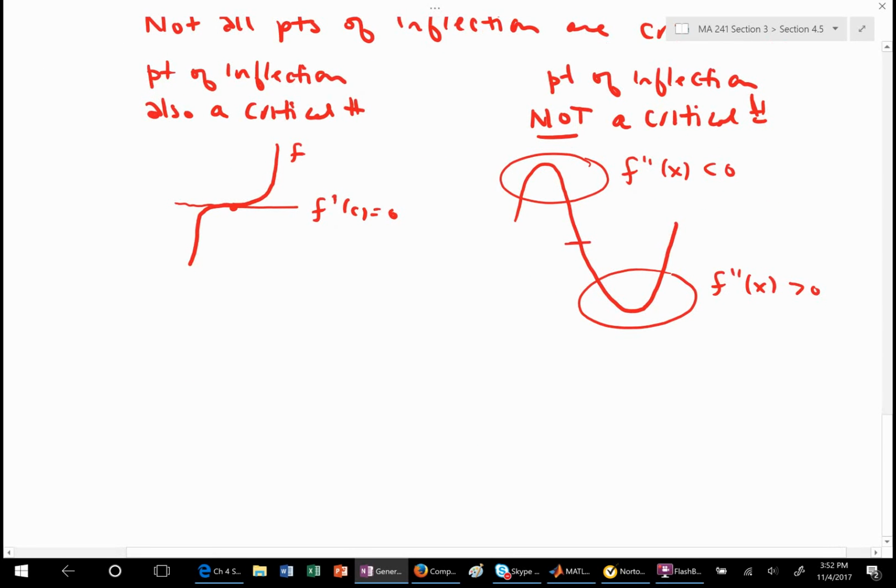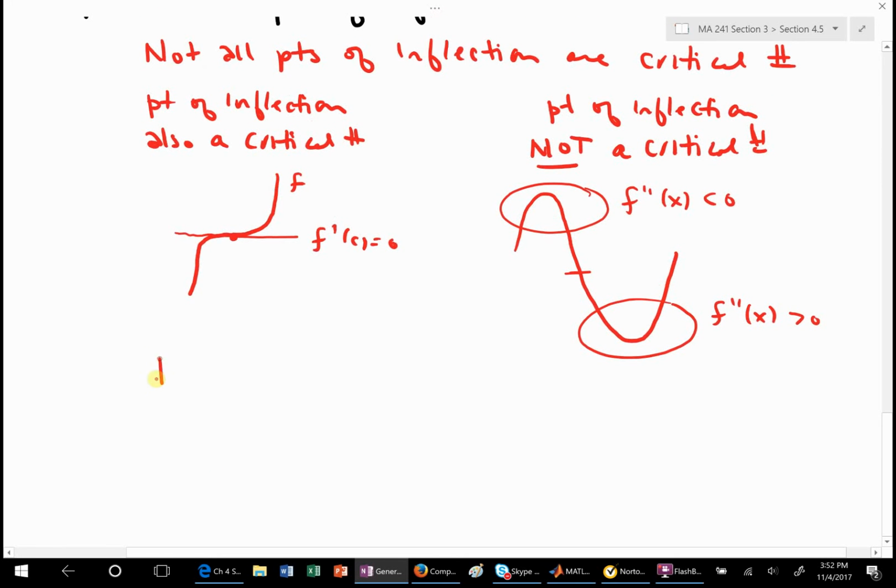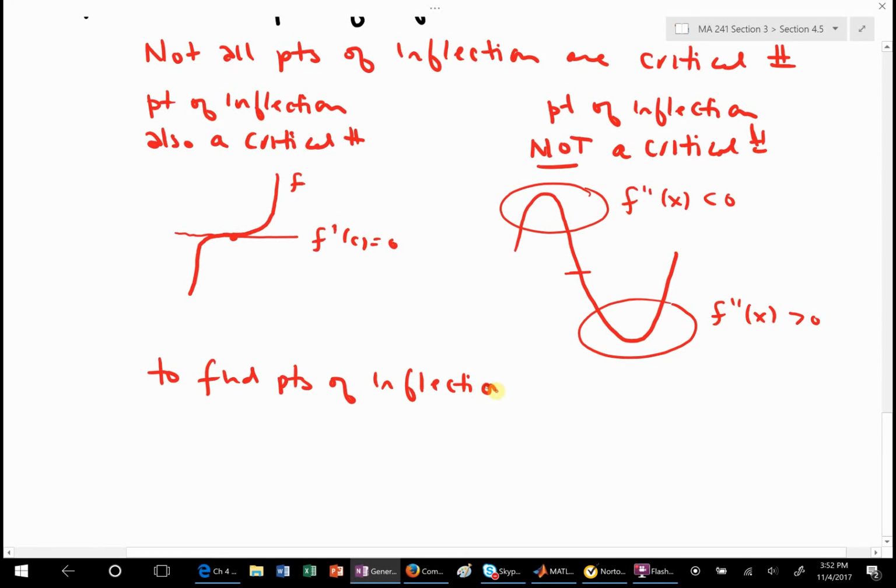So to find the points of inflection, we're basically going to have to find the critical numbers of the second derivative.